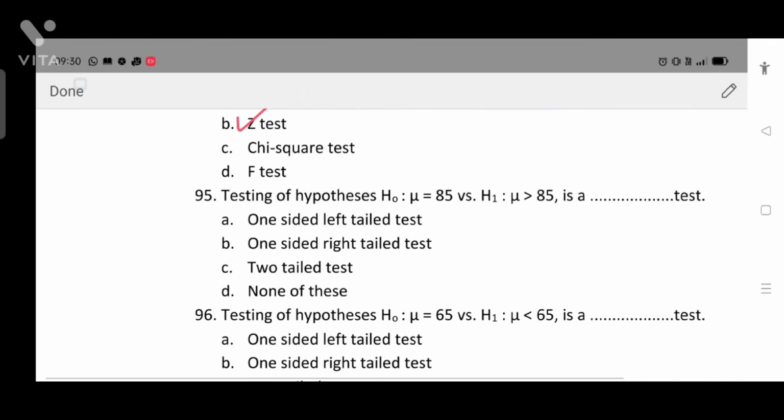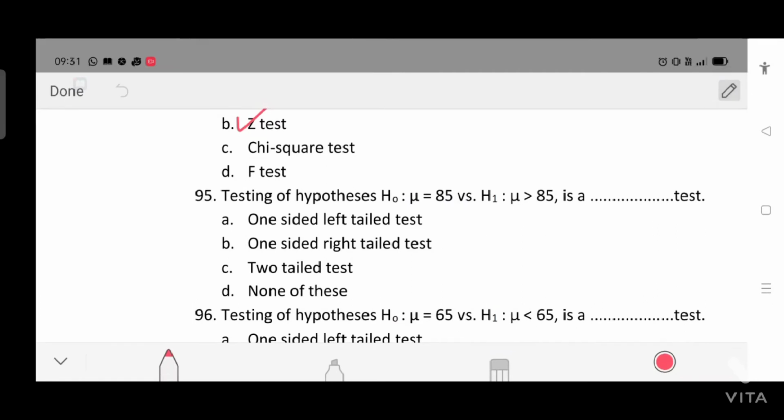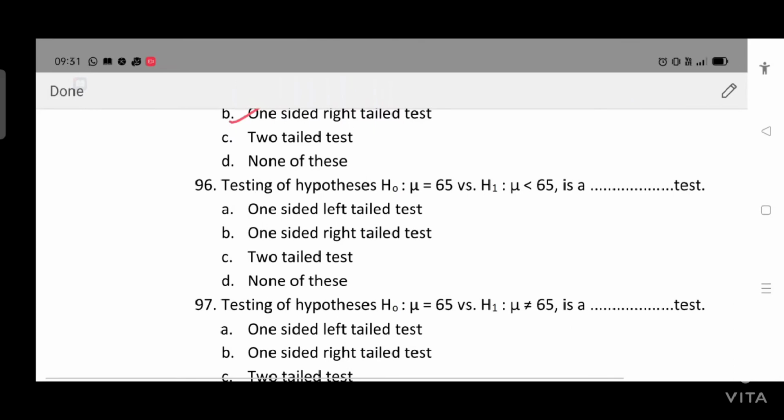In testing hypothesis, the same. That equation is a dash test. A, B, C, D. One-sided right-tailed test. Testing of hypothesis, that equation is a dash test. A, B, C, D. Question number 96.